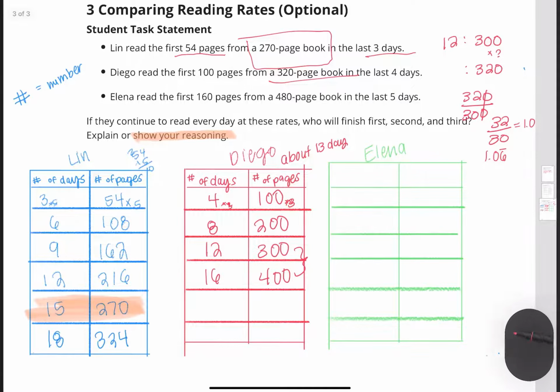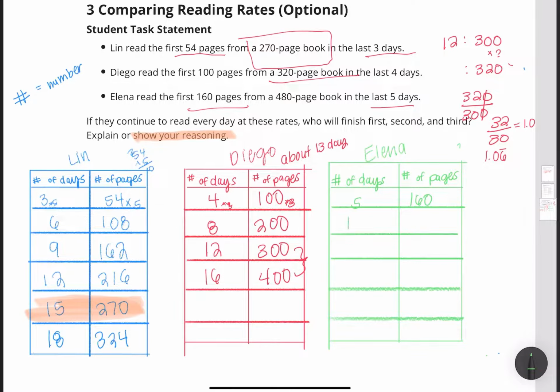Now let's look at Elena. In 5 days she read 160 pages. Let me use green for her. I need to start off by titling her columns, number of days to number of pages. It goes from 5 to 160.